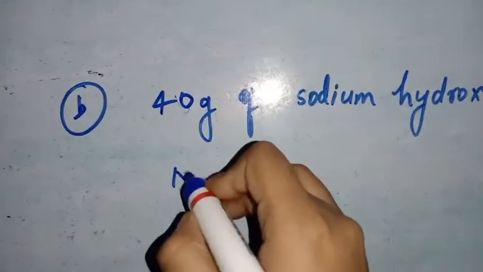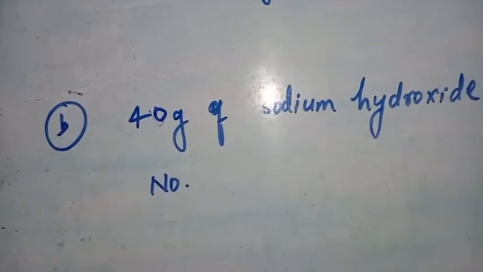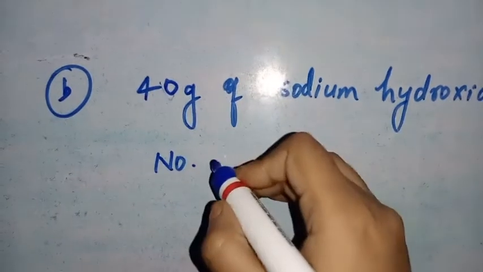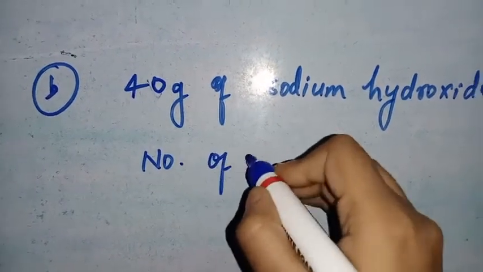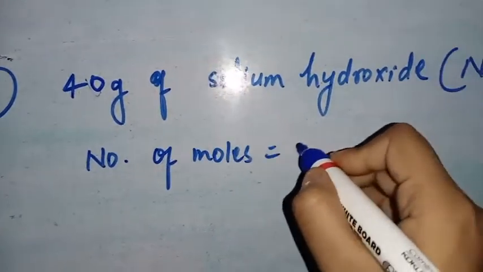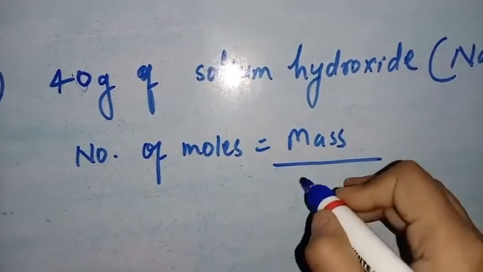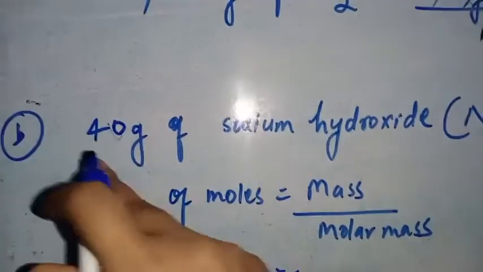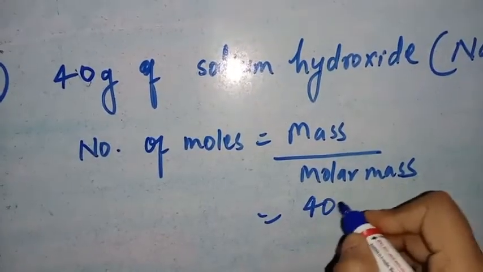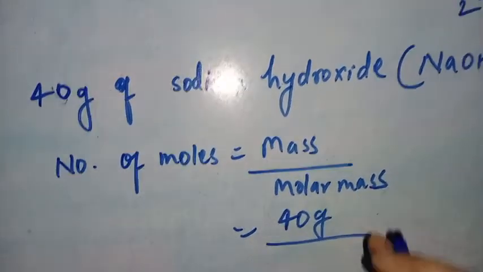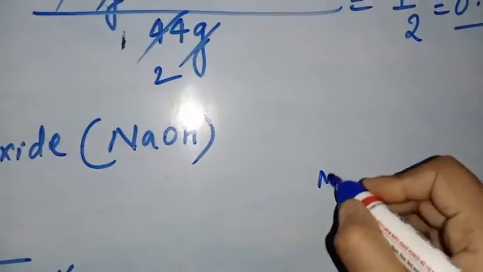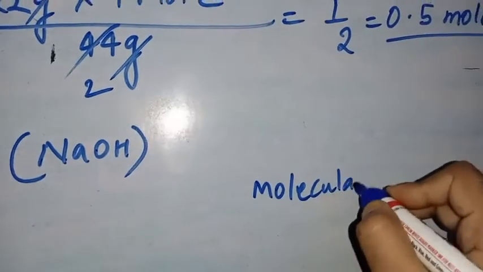So we will again use the same equation: number of moles is equal to mass by molar mass. The mass given is 40 gram, divided by the molar mass of sodium hydroxide, which we need to solve. So again we will calculate it.